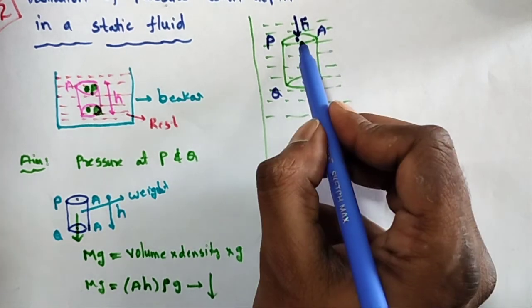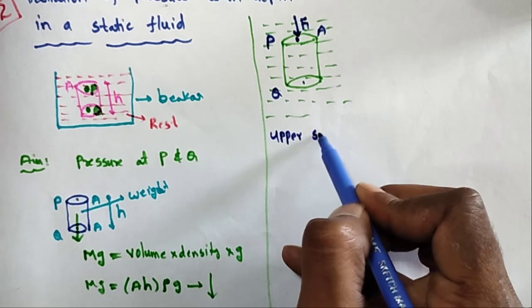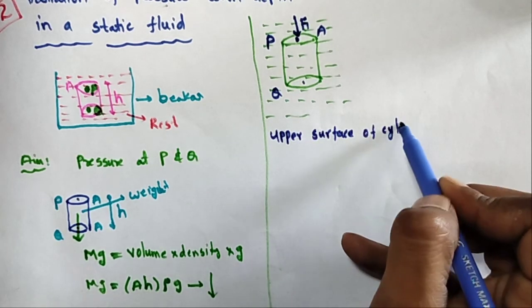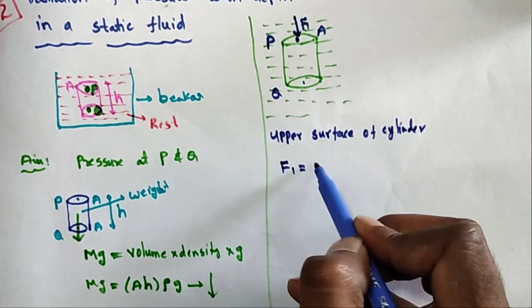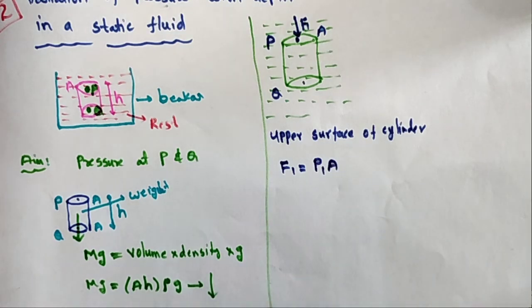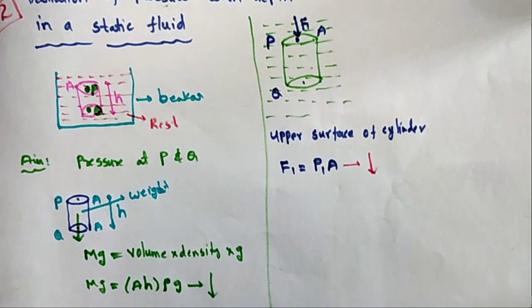First, at the upper surface of the cylinder, how much force is acting? F1 is equal to P1 into A, acting in the vertically downward direction.